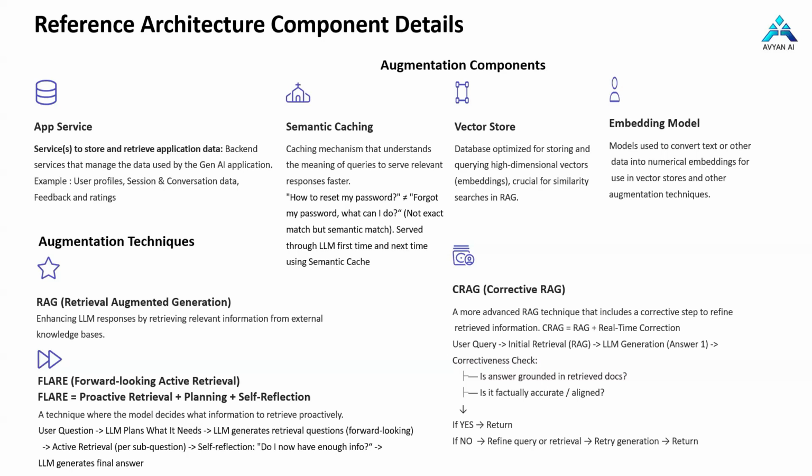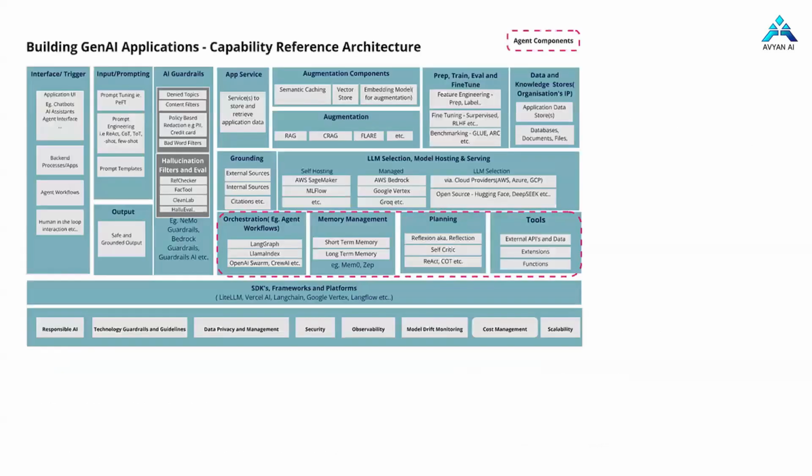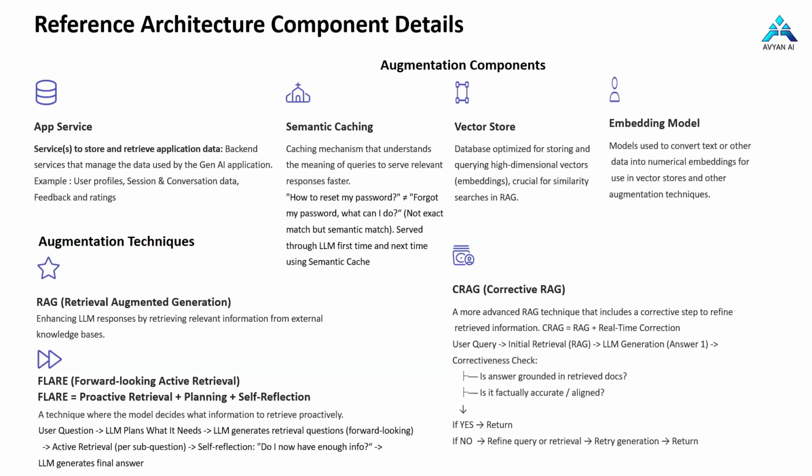So the embedding model is what is important. Going back to the diagram, these augmentation components are really going to help the LLM give better answers at the end of the day. So semantic caching, vector store, embedding model is what we call it. Then the augmentation techniques themselves, that's what we are covering in the below slide.